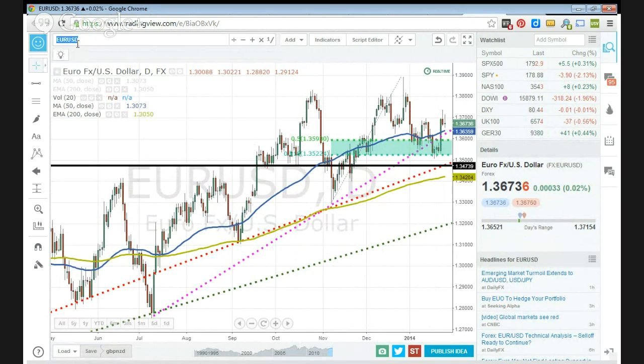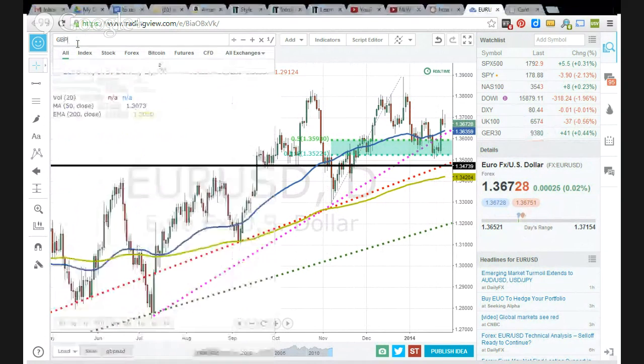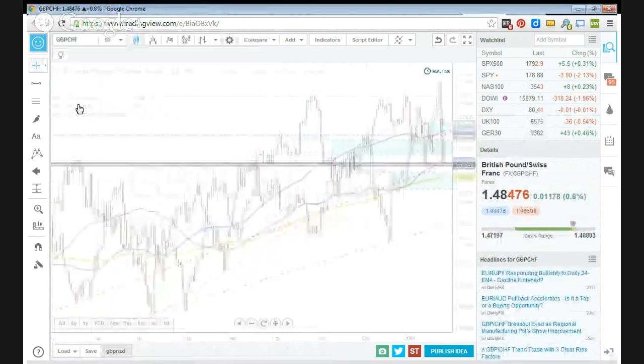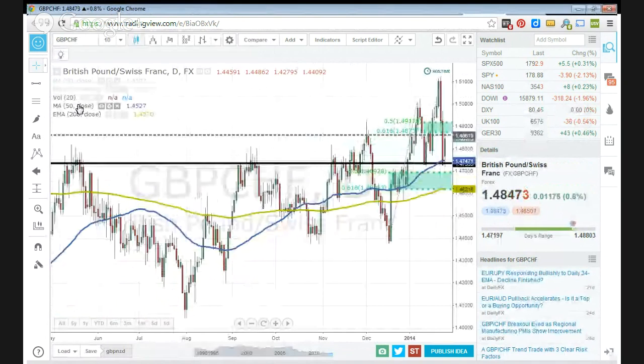Let's go to the pound. Okay, we looked at pound Aussie, pound Canada. Let's look at pound Swiss. Pound Swiss is in many ways a mirror of Euro Swiss. Okay, big up move today.